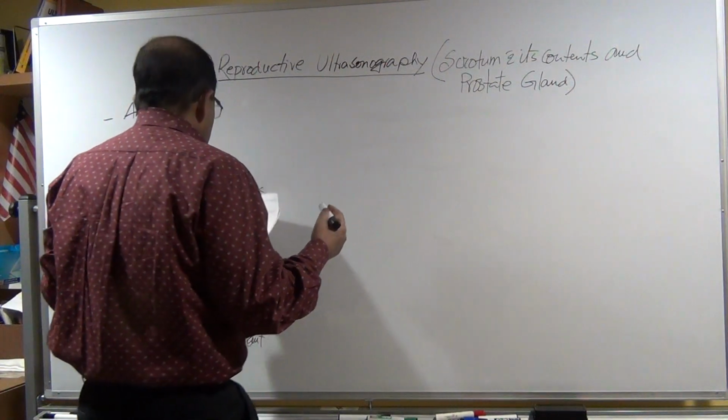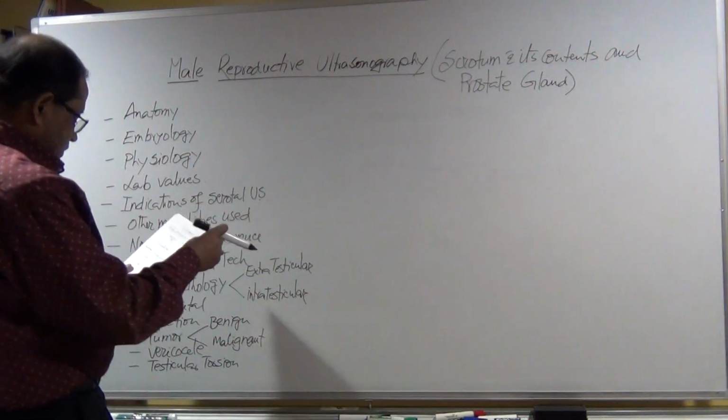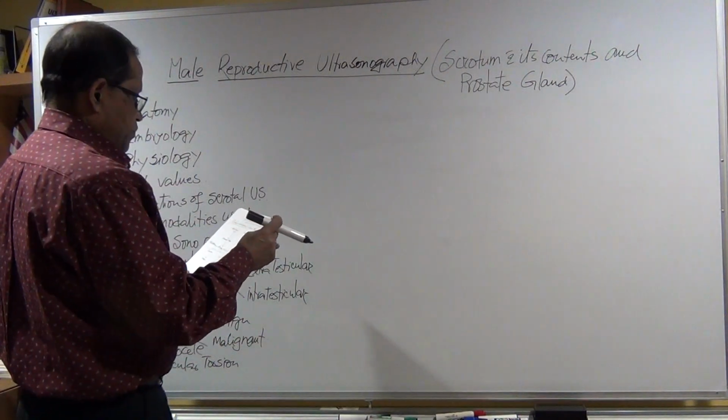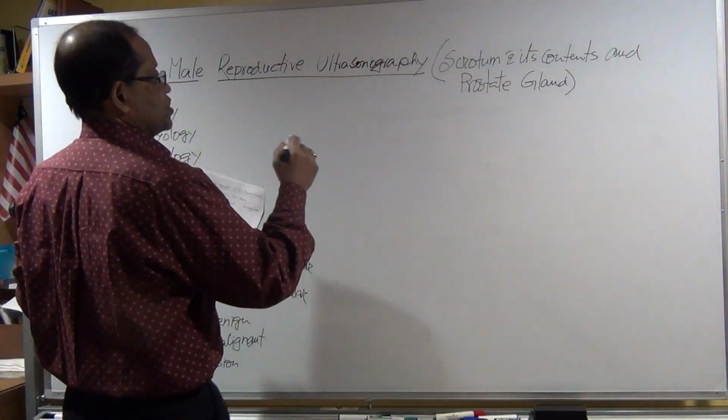So, early development of the male reproductive system will have 3 sources.